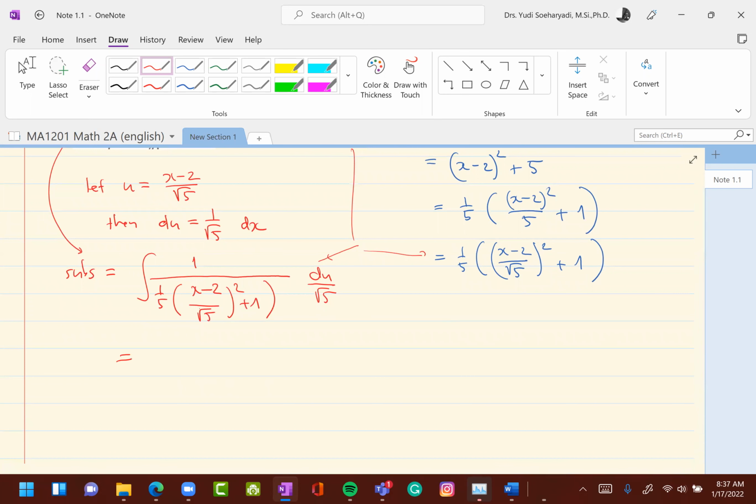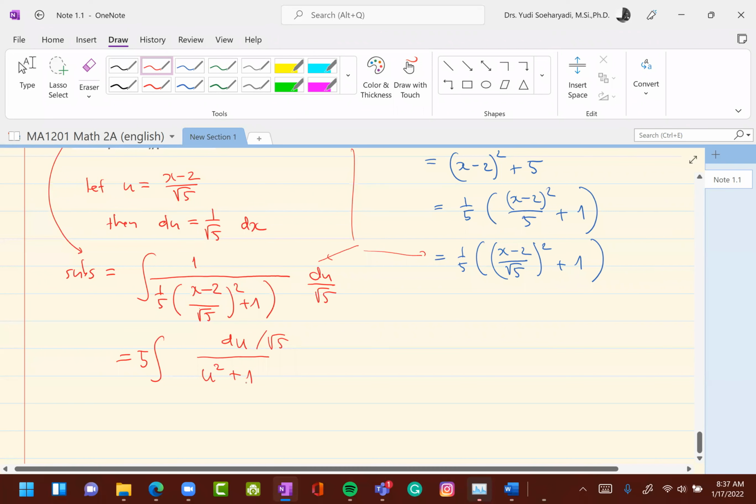Okay. So this equals, let's see, this is du. All right, so this is du. So this is just 1 divided by 1/5, this becomes 5. Take it out. This is u squared plus 1.